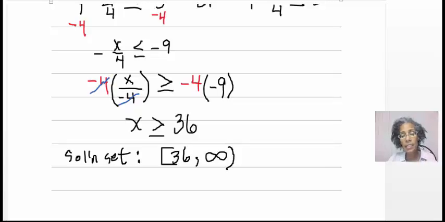That basically tells me the absolute value inequality would be true if these are the numbers that I replace x with, 36 and anything bigger than 36. All right, so that's my absolute value inequality.